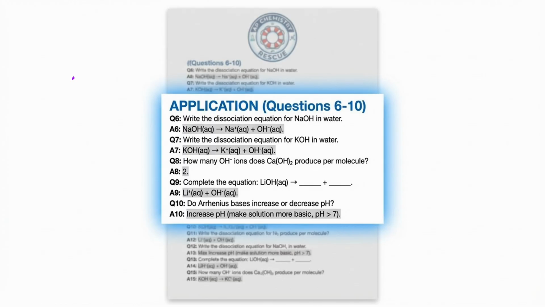So don't do this question. But if you are revising unit 8, you know that when OH minus increases, the pH of the solution is going to increase. Again, if you are new, don't do this question. Only if you are revising the whole unit and you have already taken everything, you can do it.